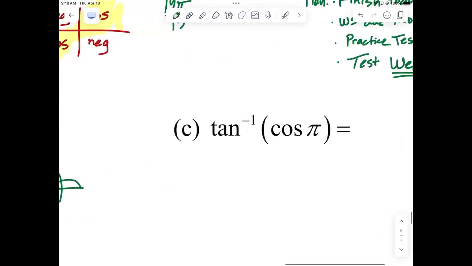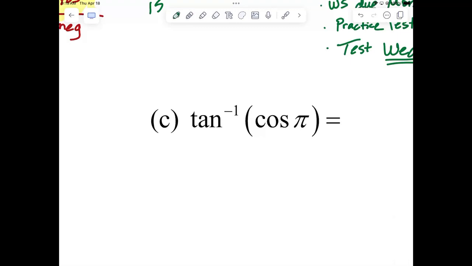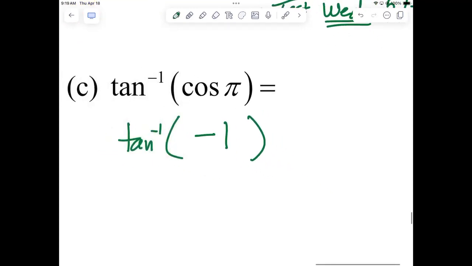All right, let's do this one. Inverse tangent of cosine of pi. Work it out from the inside out because inverse tangent and cosine, they're not inverses of each other. So I'm going to have the inverse tangent of, what's cosine of pi? -1, right? And now what's inverse tangent of -1? No, we want the angle whose tangent is -1.